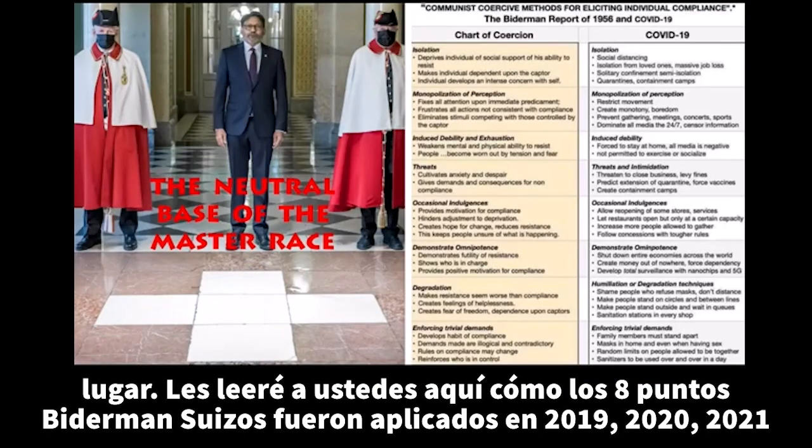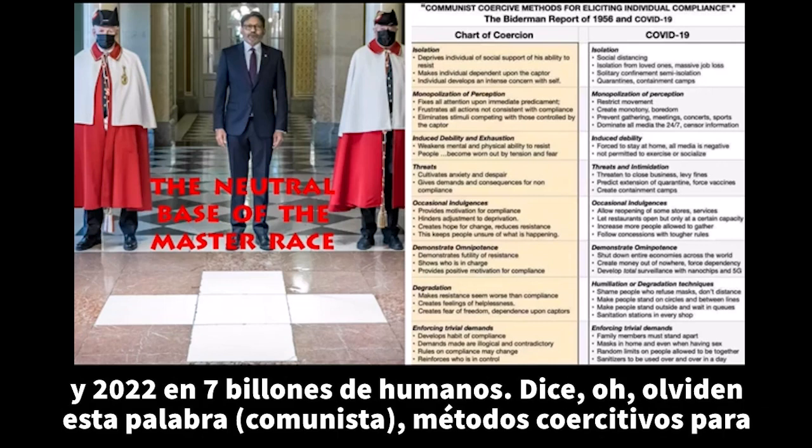I'll read to you here how the 8 Swiss Bidermans were applied in 2019, 2020, 2021, and 2022 on 7 billion humans.